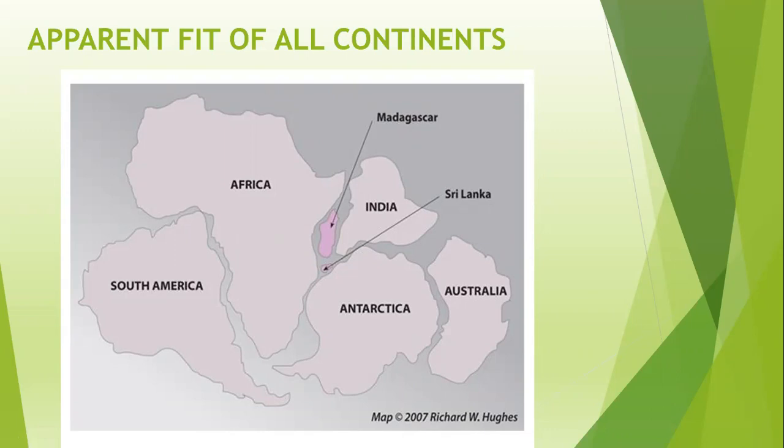He saw that all the continents fit inside each other. It's not just South America or Africa. All the continents look as if they are fitting inside each other, or as if they are part of each other, or as if they have something to do with each other. They are not separate pieces of land.